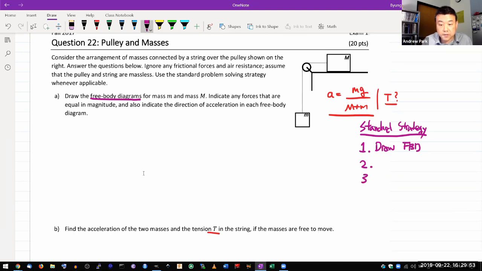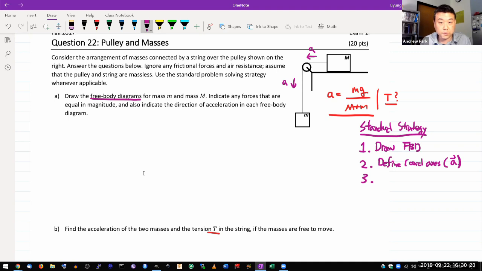And in the second and third step, which will be very short for this question, you define coordinate axis, and mostly you pay attention to the direction of acceleration. That's what matters the most. Here, you're just looking at it accelerating either completely horizontally or completely vertically. So that makes your step number 2 a little bit easier.